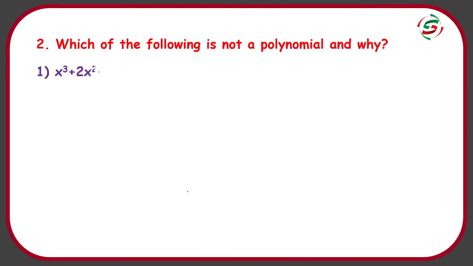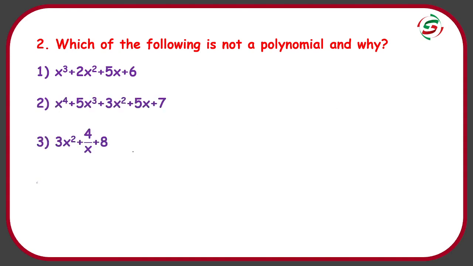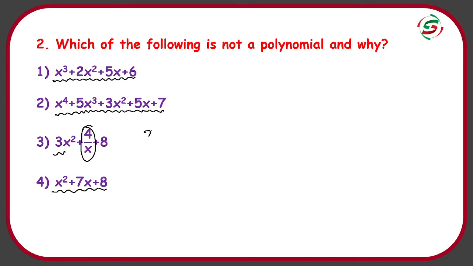Which of the following is not a polynomial and why? And you have four options. The first option is x cube plus 2x square plus 5x plus 6, then x raised to 4 plus 5x cube plus 3x square plus 5x plus 7, then 3x square plus 4 by x plus 8, and x square plus 7x plus 8. Here you can just see the power of x is minus 1.